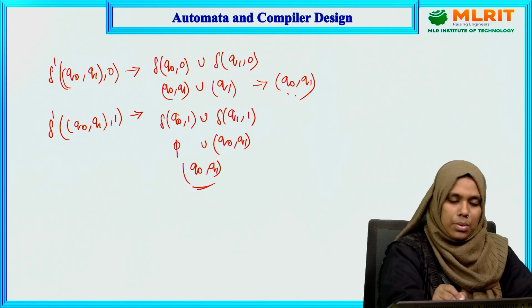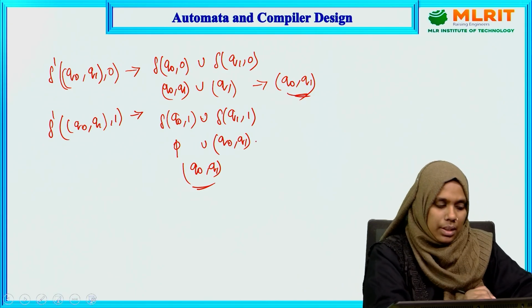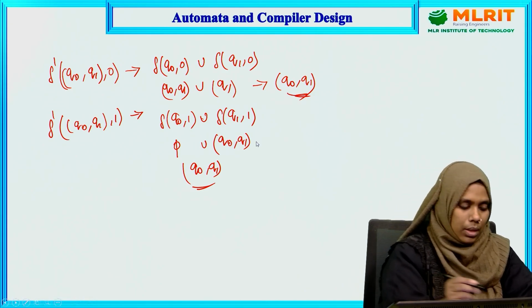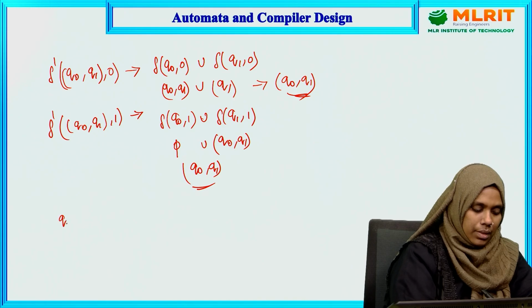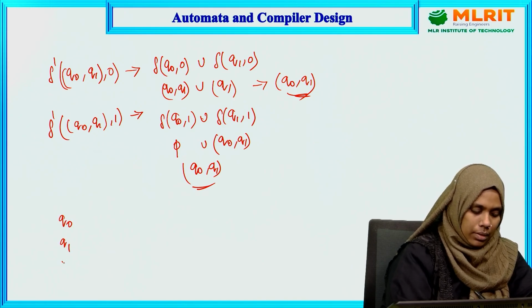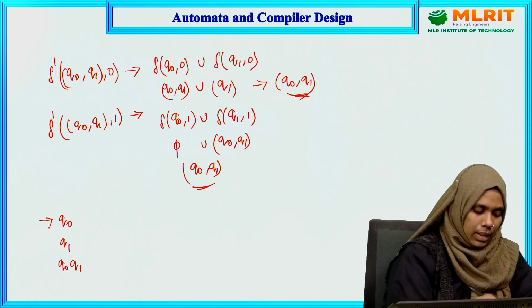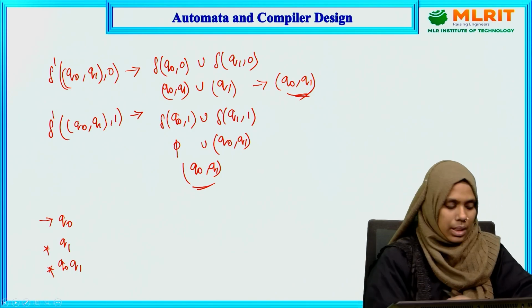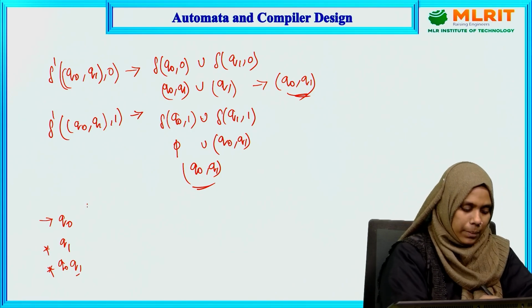Do we get any new state? No, the old state is generated. Now how many states do we have? Three states: q0, q1 and q0 q1. This is the starting state, and this will also become a final state. Why? Because q1 is present here.